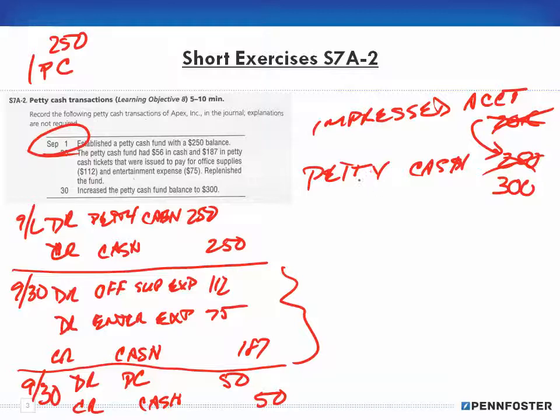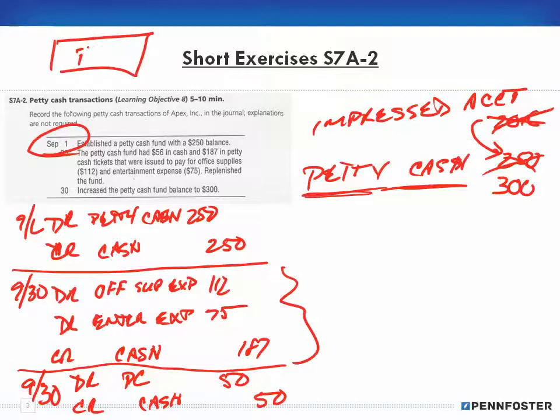So the only transactions that should affect petty cash are when you're actually increasing the balance or the amount that is in the petty cash fund. It was 250, now it's going to be 300, and those are the only entries.